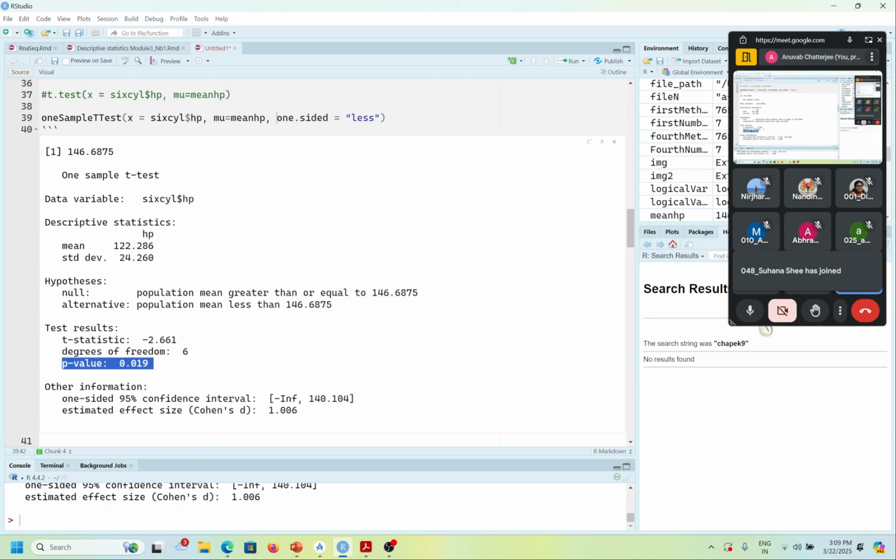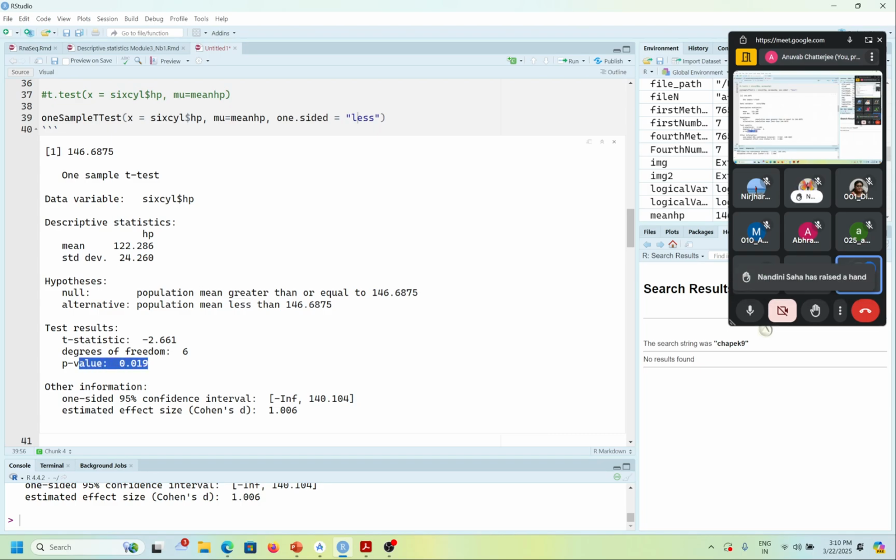Is that okay? Did everyone get it? So this is how we read it. You have the mean here, and the alternate hypothesis, because we have put in less here, is that our six cylinder cars are less powerful than the mtcars.